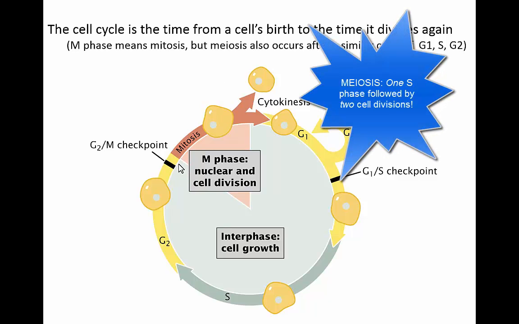Even though there are two cellular divisions in meiosis, it is only preceded by one cell cycle. And so a cell that is going to enter into meiosis would go through G1, go through one S phase, then G2, and then it would do one division of meiosis followed by the second division of meiosis.